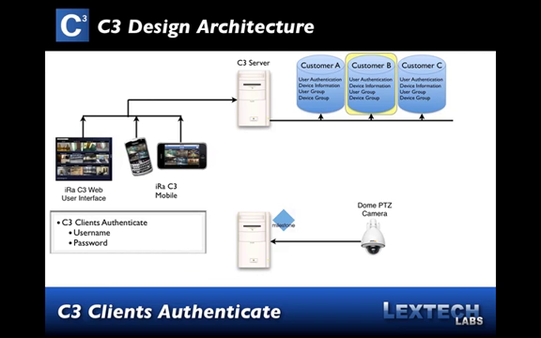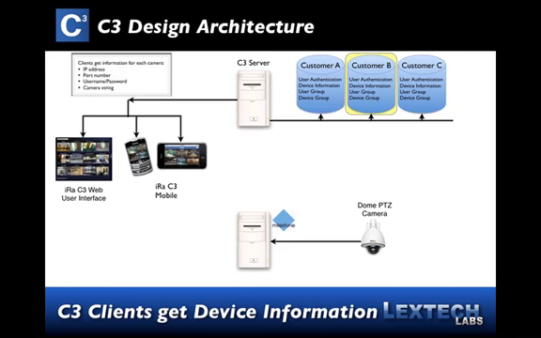And within the device group will be individual devices that will then translate into IP address settings, port number settings, username and password, and camera strings. Those 5 pieces of information for every camera that you're associated with will be transferred down to your web browser or your IRAC3 mobile client.